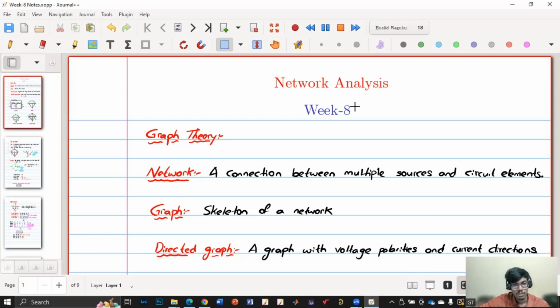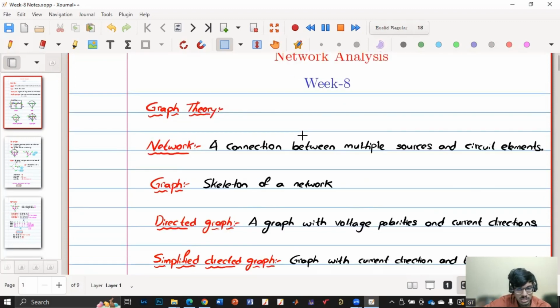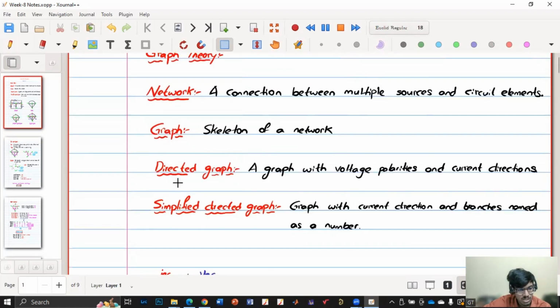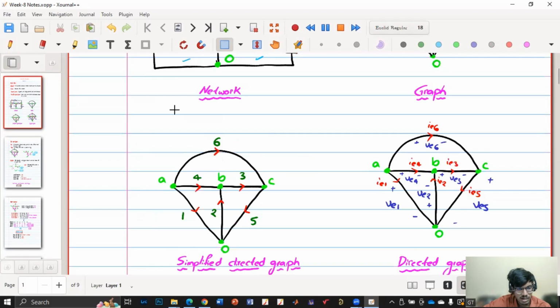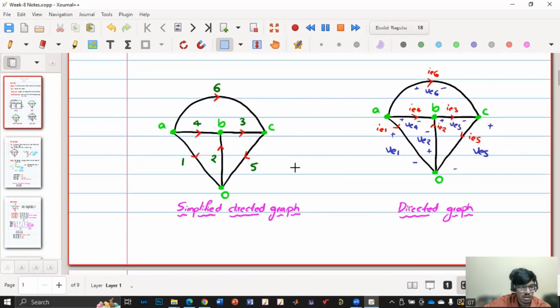So let me just summarize. First, we started with the graph theory terminology. A network is just a connection between sources and circuit elements, and a graph is the skeleton of the network. Then we understood what a directed graph is and what a simplified directed graph is by taking one example, and we'll be considering the simplified directed graph for our analysis.